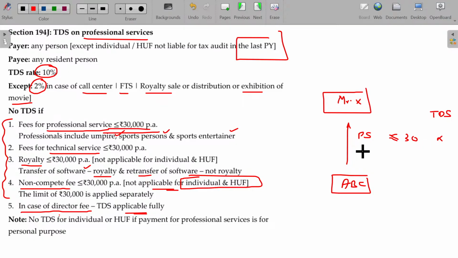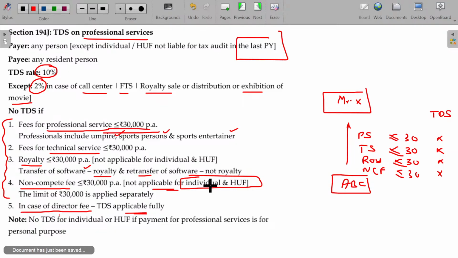No. Also gets technical services less than or equal to 30,000, not taxable. Also he gets royalty from the same company in the same year, not taxable. And non-compete fee from the same company. It means for every segregated professional service, the 30,000 limit will be applicable. For the professional services separately, he can enjoy 30,000 from the same company.